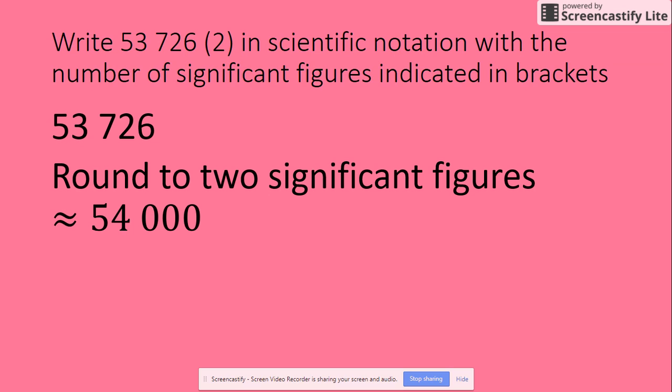Perfect. Now we have to change it to scientific notation. What I want you to remember is because we're doing the opposite, because we've got the big number and we're now making it into scientific notation, if we move to the left, we're actually going to have a positive notation, and if we move to the right, we're going to have a negative, because we're doing the opposite.